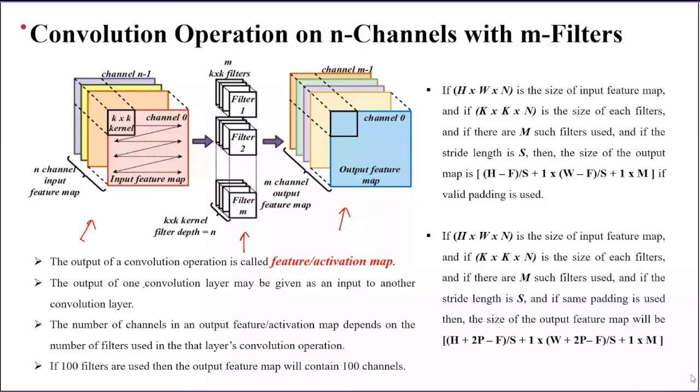In the first convolution layer, we give the image as input and do the convolution operation using some filters, so you will get an activation map. In the next layer, you give the activation map as input. This activation map does not have 3 channels, but k channels, according to the number of filters used in the first convolution layer.